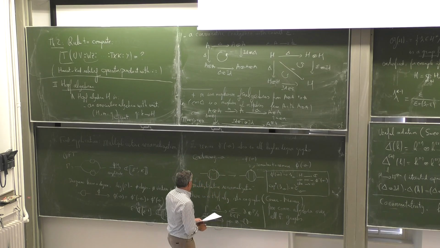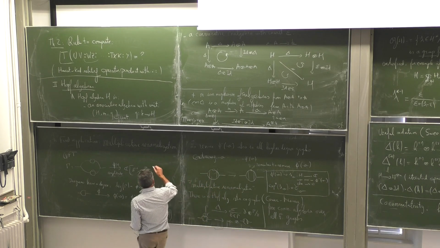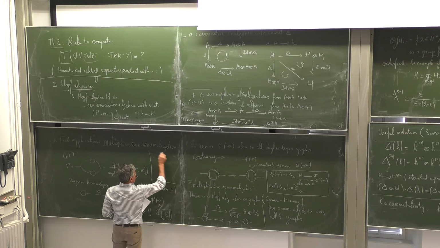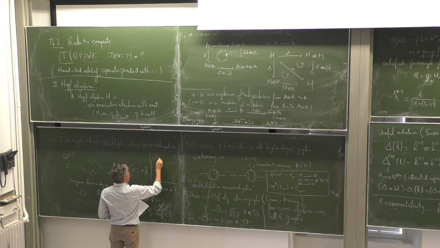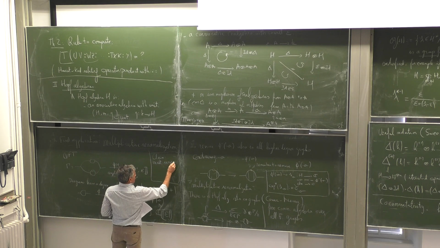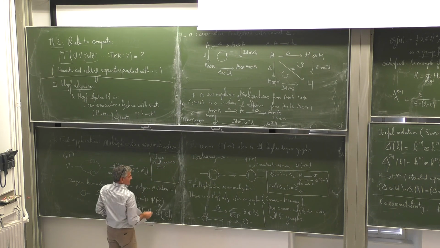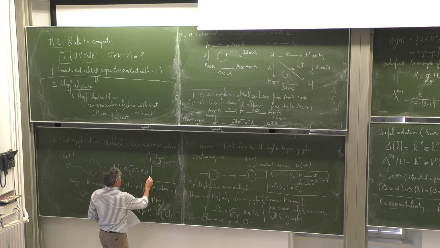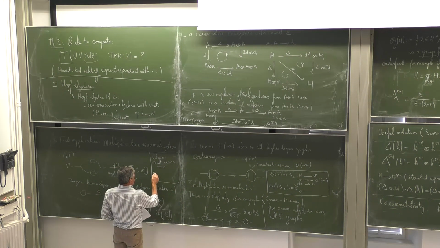And the point is that I just state this as a claim. Multiplicative renormalization is equivalent to sending H to itself by applying what I define as phi indexed by a linear form that in that case is gamma of the graph.